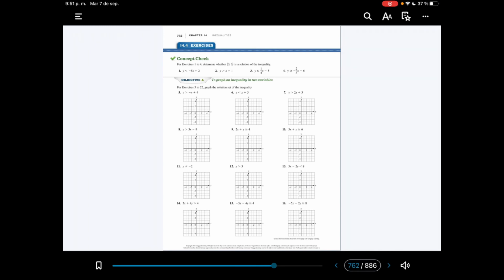Not only how to graph linear inequalities, but also how linear inequalities work, how linear equations in two variables work, and how linear equations in general work. So those would be my recommendations.